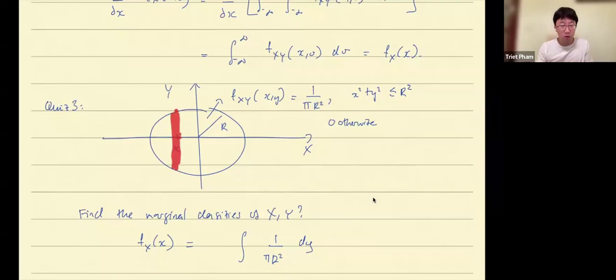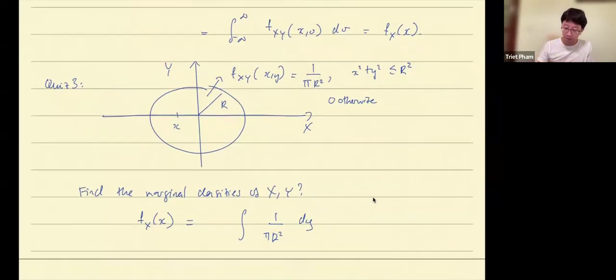You understand? It might be a bit subtle, but X and Y here are not independent. Where X is determines what kind of values Y can take and vice versa. If it's literally minus R to R, then very probably they're independent. But here it's not. It's going to be from minus square root of R squared minus X squared to square root of R squared minus X squared.